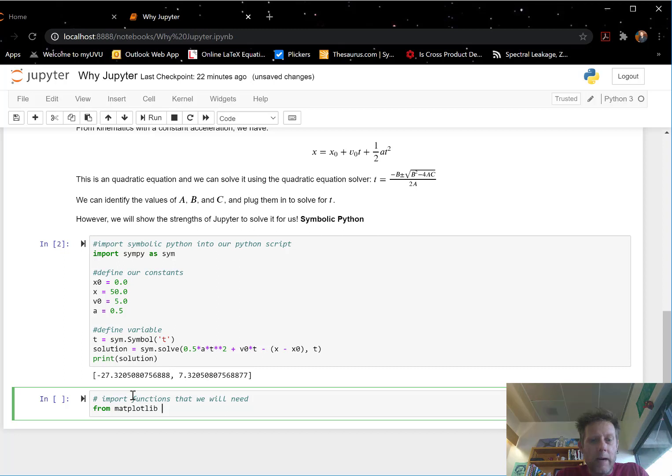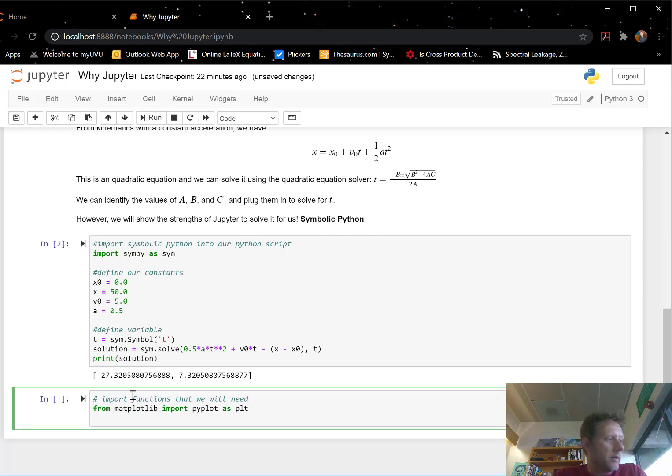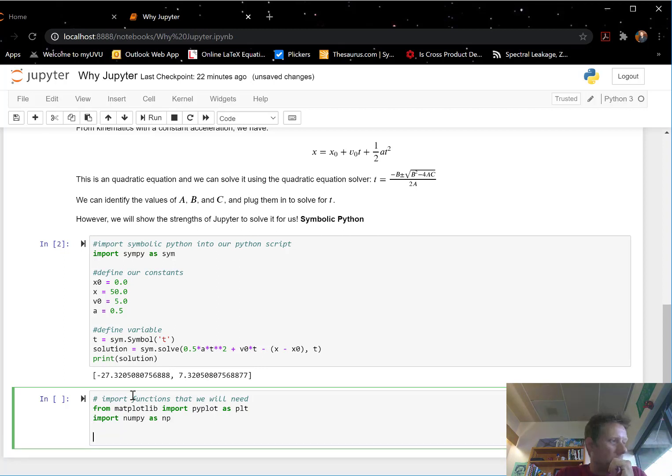But it's pretty much a library full of plotting routines or plotting functions. From matplotlib, import pyplot as plt. Don't worry about what it means. And import numerical Python as np. Okay, so that's what I do here.